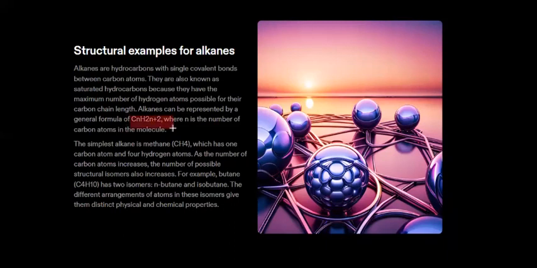The general formula of alkanes is CnH2n+2. The simplest alkane is methane, CH4, which I discussed before. We are going to learn about isomers later on in one of these slides. You can take notes.